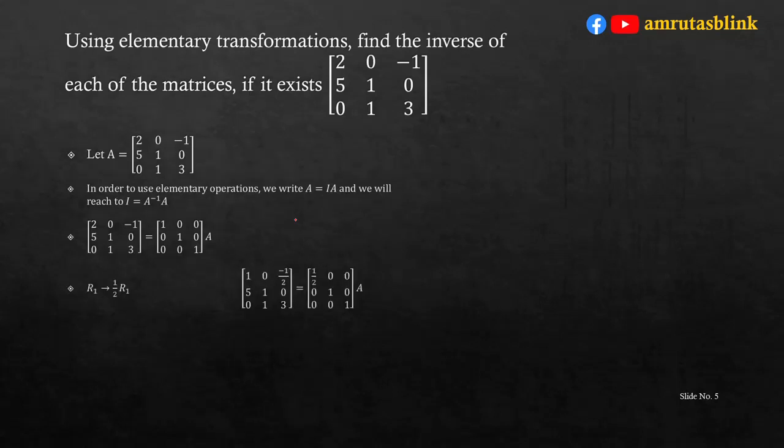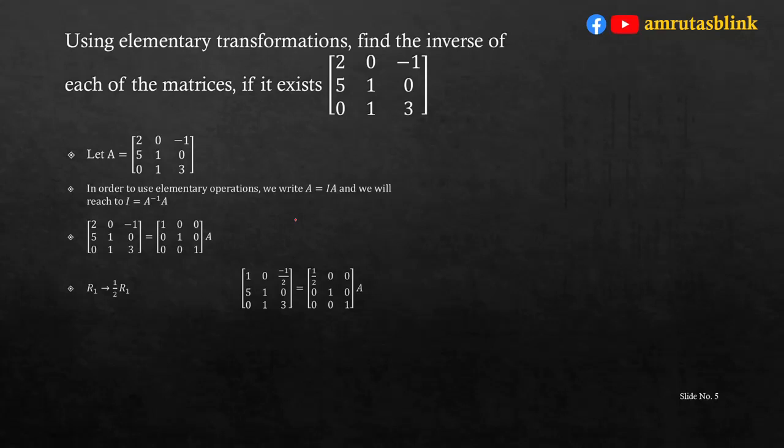Now as of now, the first row, first column element is equal to 2. So if we divide this first row by 2, that is if we multiply the first row by 1 by 2, we would get 1 in place of 2.